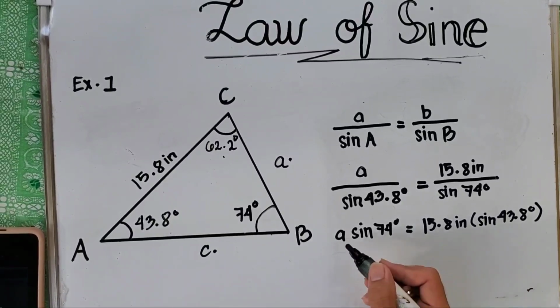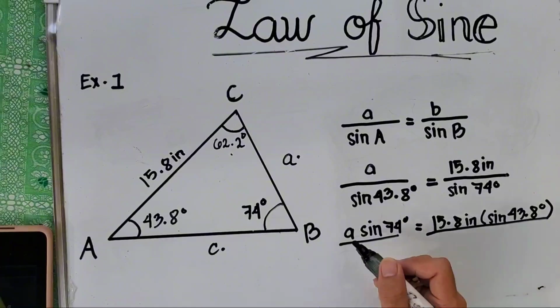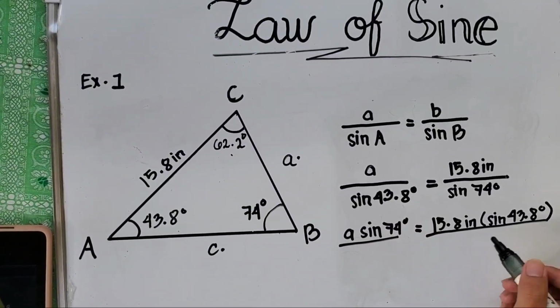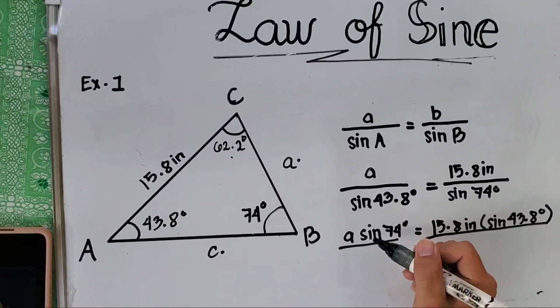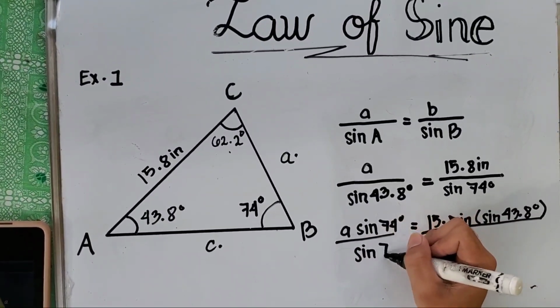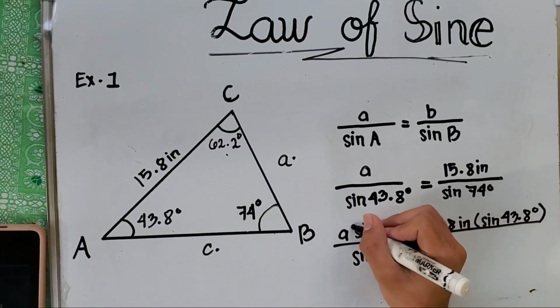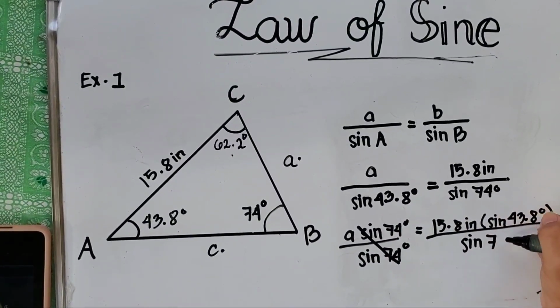To find the value of A, we need to cancel this sine 74 degrees. To cancel out the sine 74 degrees, we divide both sides by sine 74 degrees.